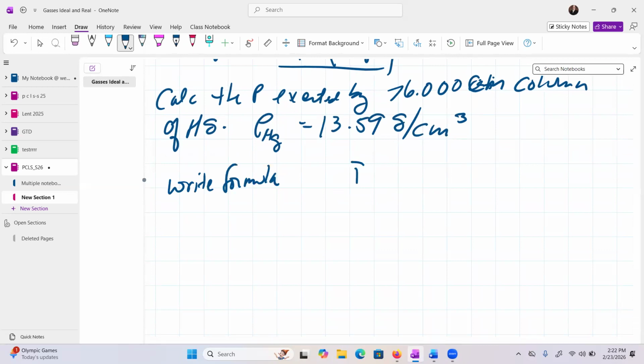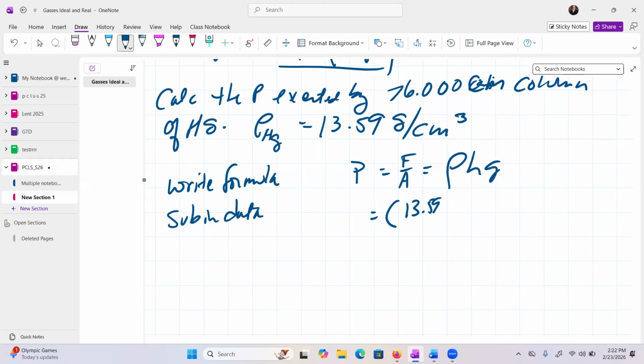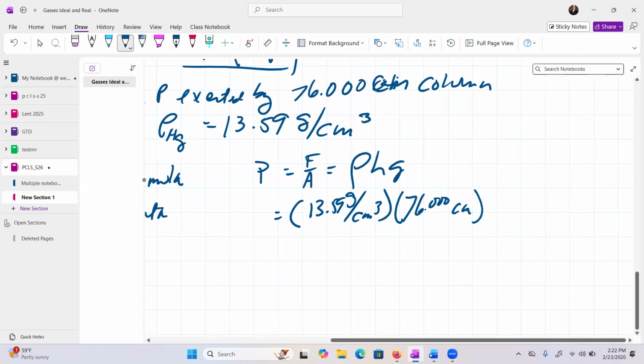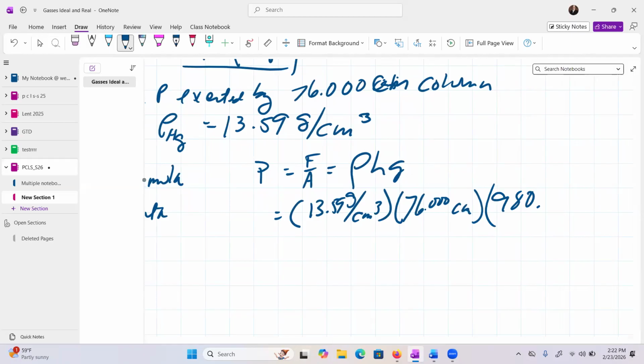P equals F over A equals rho H g, which we just did. Now we sub in the data. So we get 13.59 grams per cm cubed times the 76. That's a lot of sig figs here, but apparently they can measure it. And then 980.67.